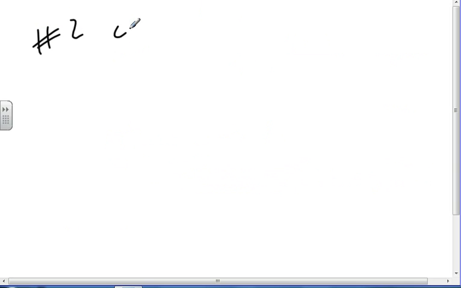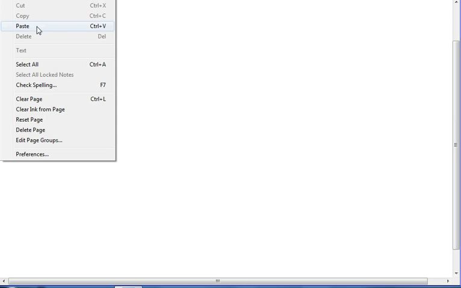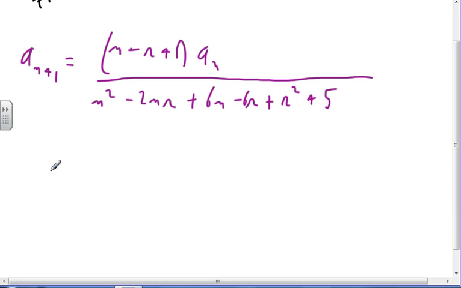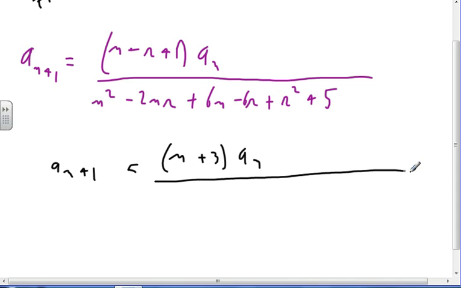Okay, so on case 2, r is equal to 4. Right, so if r is equal to 4, our recurring formula a_{n+1}, with r equal to 4, is (n+3) a_n divided by n squared minus 8n plus 6n minus 24 plus 16 plus 5.